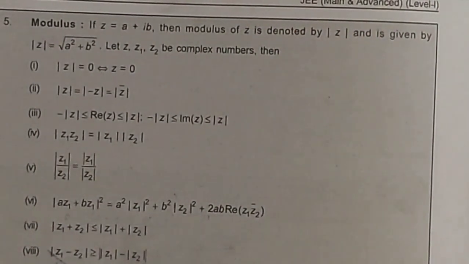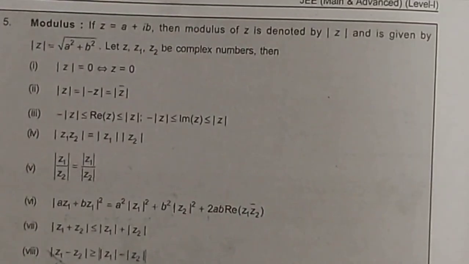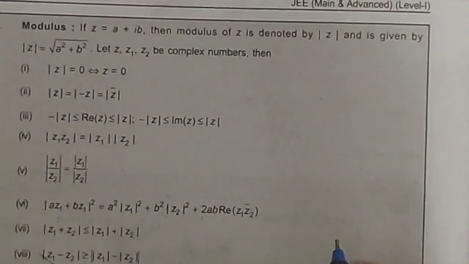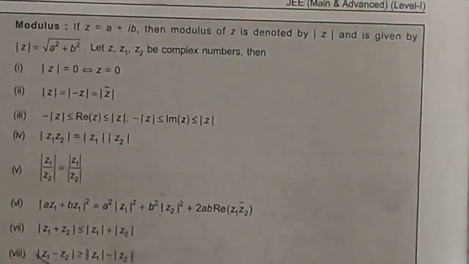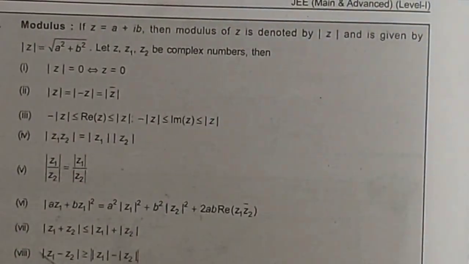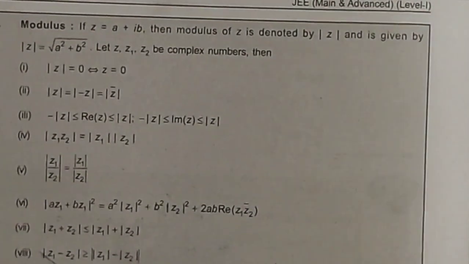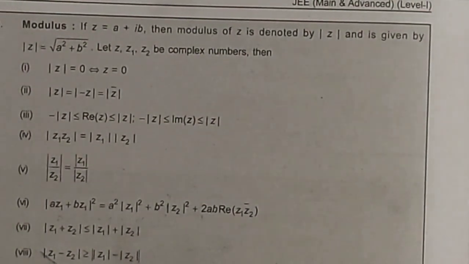Complex numbers was always one of the most difficult chapters for me, at least when I was in 11th and 12th. But this part is very easy when you're proving things using these five formulas. When you go deep into the advanced level, it becomes really difficult, because then you use geometry.